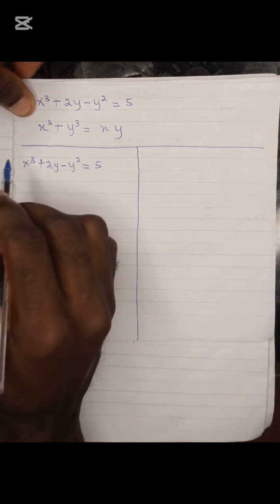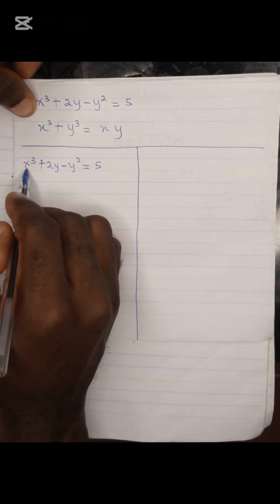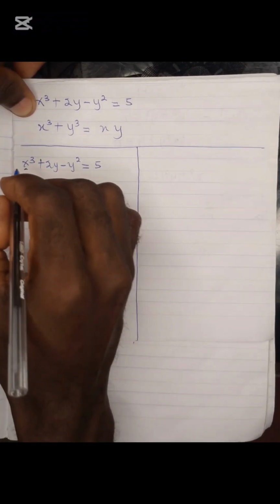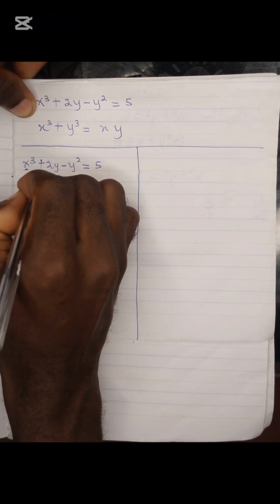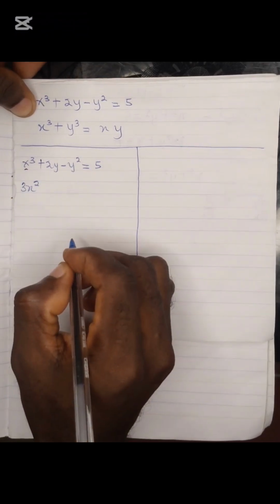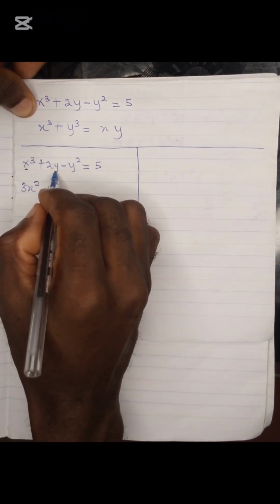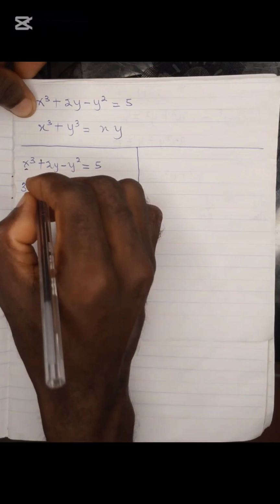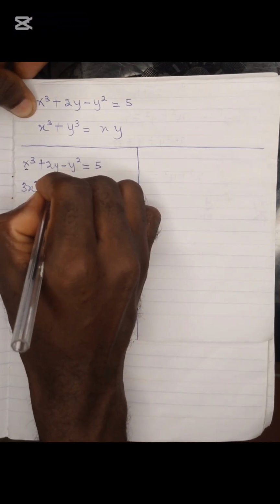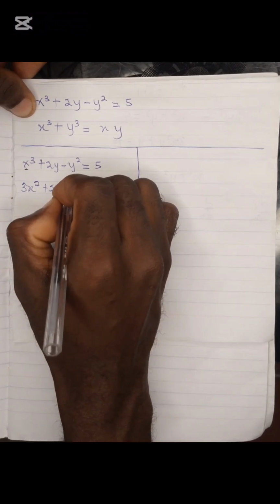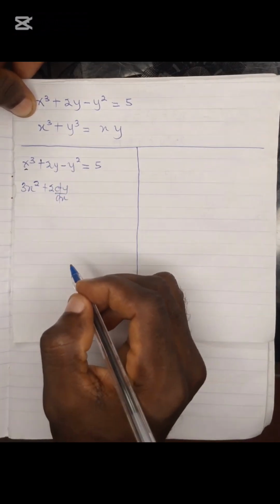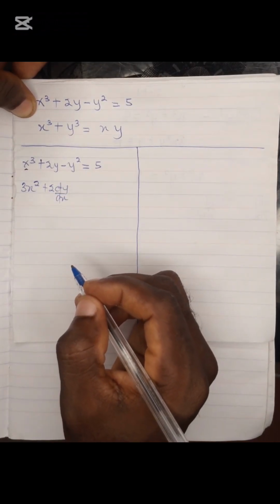So here, this is an x term. So we differentiate it. That is going to be 3x squared. Then this is a y term. If you differentiate 2y, the result is going to be 2. However, because it is a y term, we add dy/dx. And by this, I believe you remember where it is coming from.